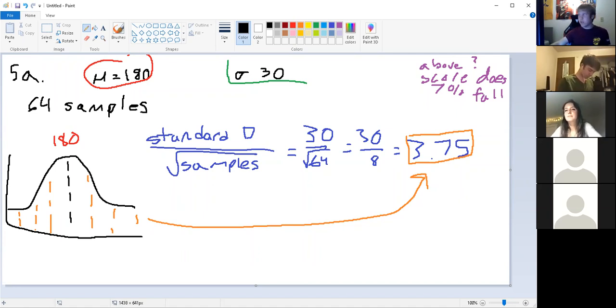So presumably on the test, it will be the same thing, but the other way to know is if the question includes a sample size, then you're probably working with standard distribution of the mean instead of the regular standard distribution.